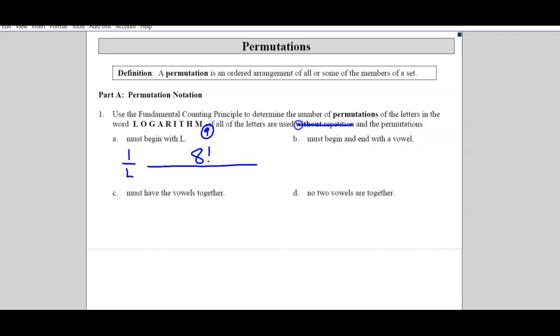Because it says the number of permutations of all the letters. So it's not saying only 3 of them or something like that. I'm not going to find the value, just leave it like that. It's 8 factorial.